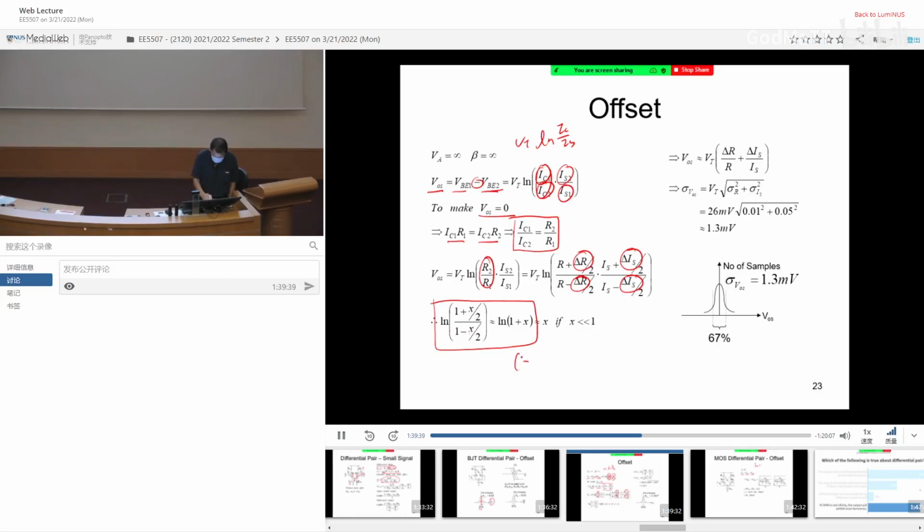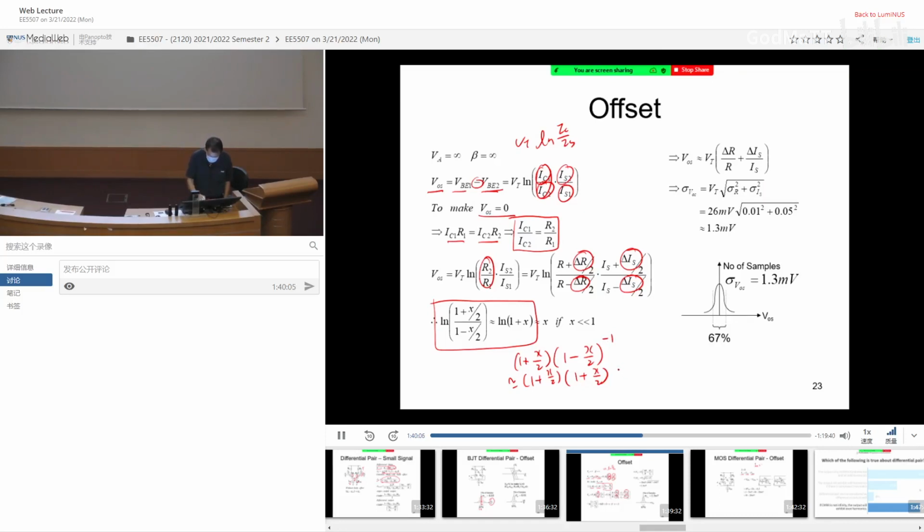When you have 1 plus x over 2 multiplied by the inverse of 1 minus x over 2, if x is very, very small, then it's approximately 1 plus x over 2 multiplied by 1 plus x over 2. You know this, right? This is algebra. You just bring the exponent down.